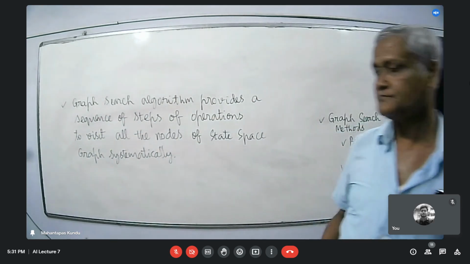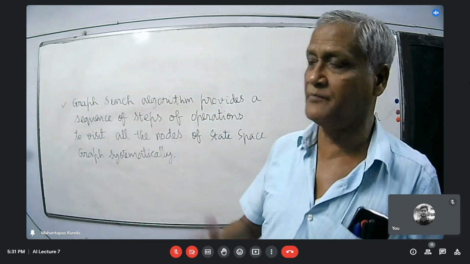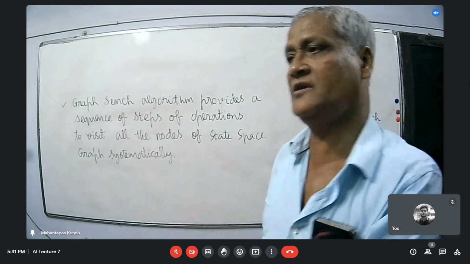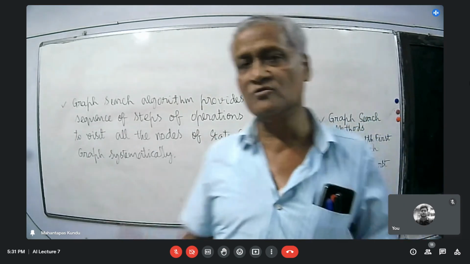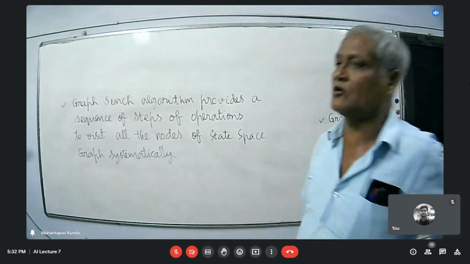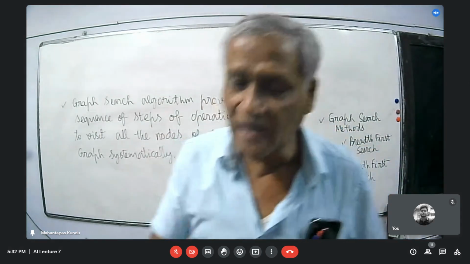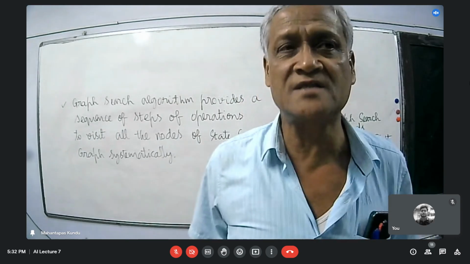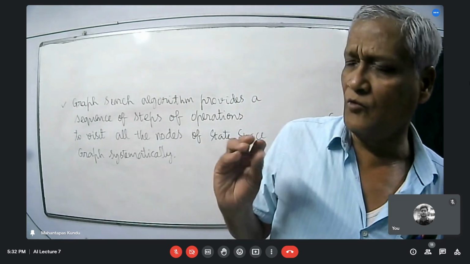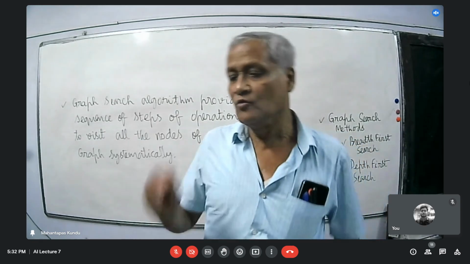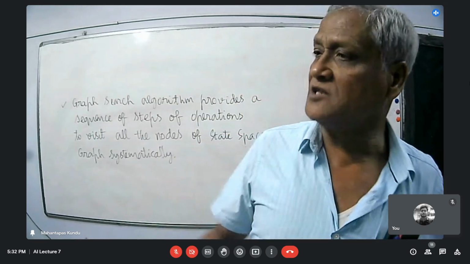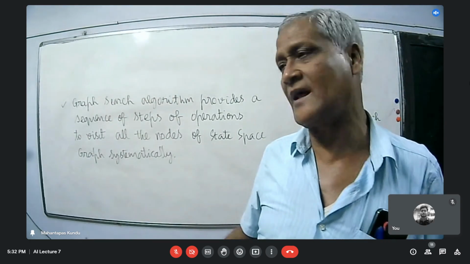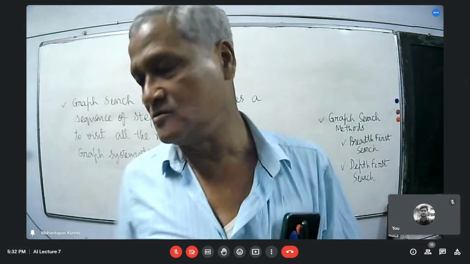Actually, be it irrevocable control, be it backtracking control, be it graph search control, all these we are doing in search of a goal node in the state space graph. And to search a goal node in the state space graph, we have to visit each node of the graph beginning from the start node and check whether it is a goal node.